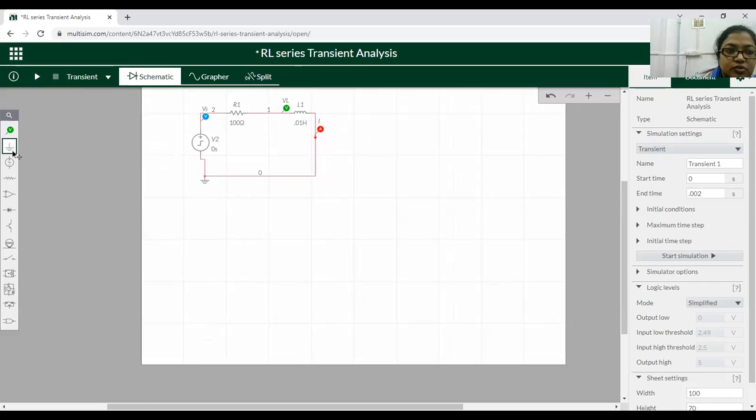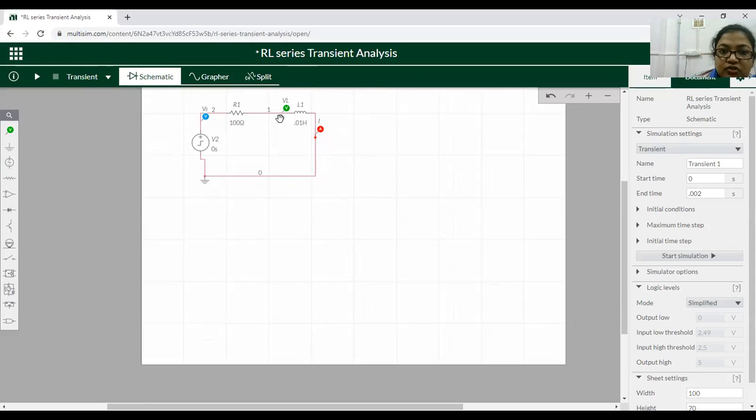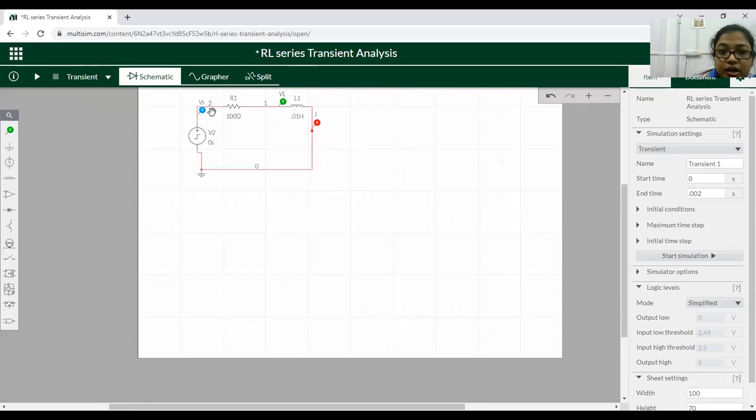Then from here you can choose ground, and then R1. There is also a component section for R and L, so you choose from here and put in the value as per your requirement. Now I have to find the voltage, how much voltage we are giving at the input side. We can check that with this probe, which basically works as a voltmeter.